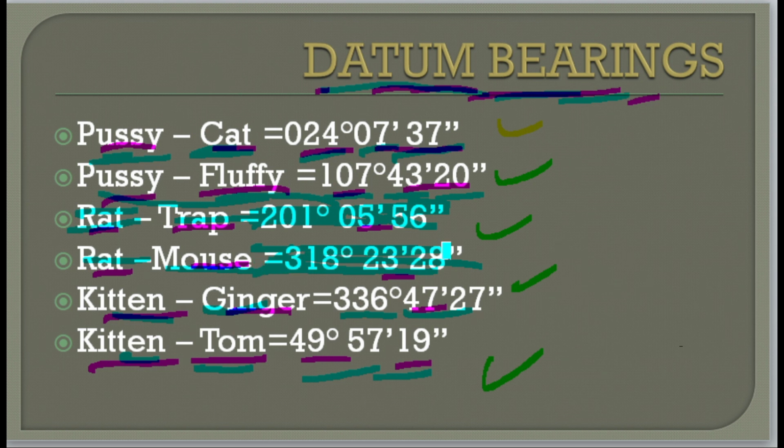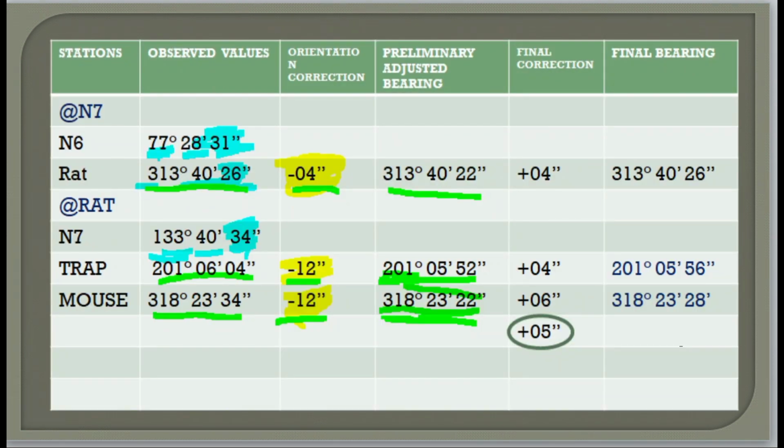Remember that. So these are the datum bearings that we are putting on our last table, the last final bearing. So there we have those two values. Those are the correct observed bearings from the rat to the trap, rat to the mouse.